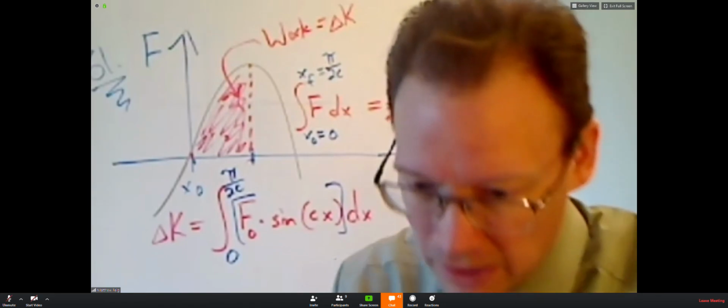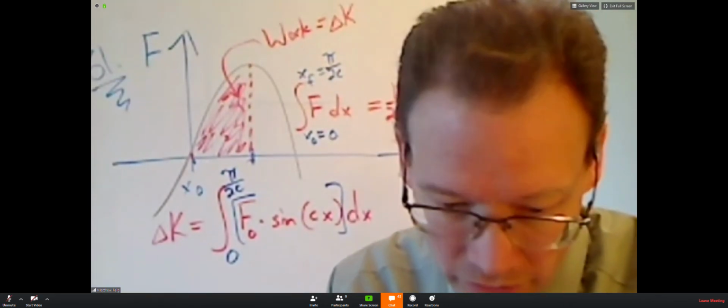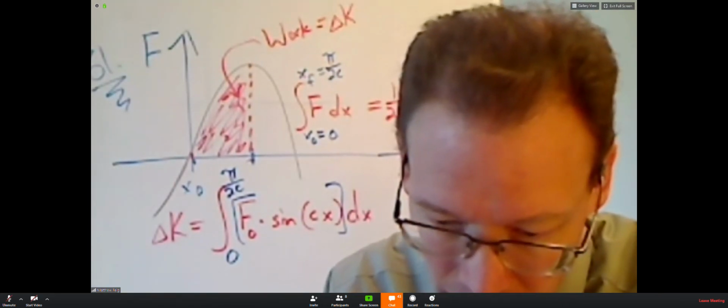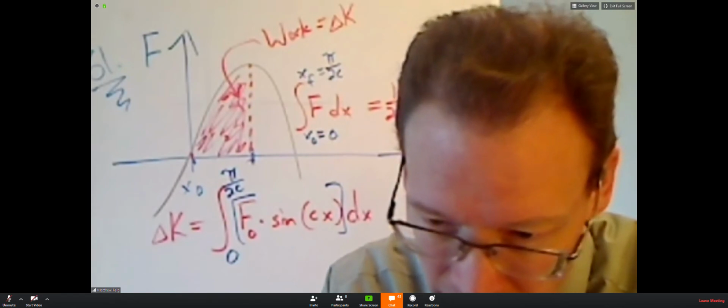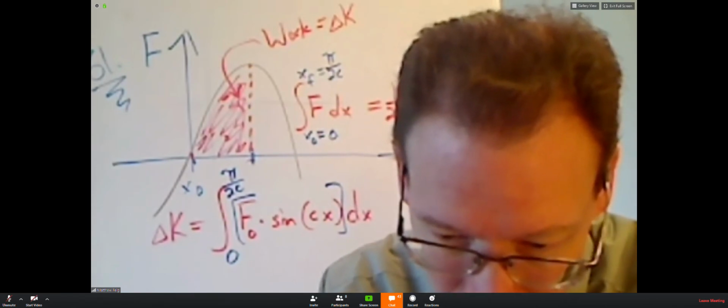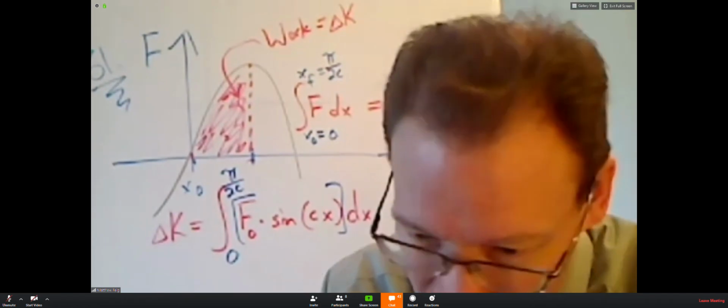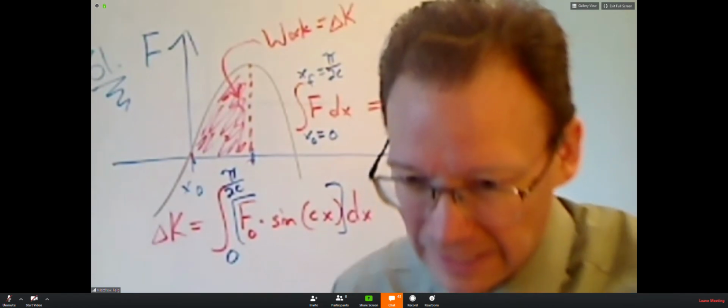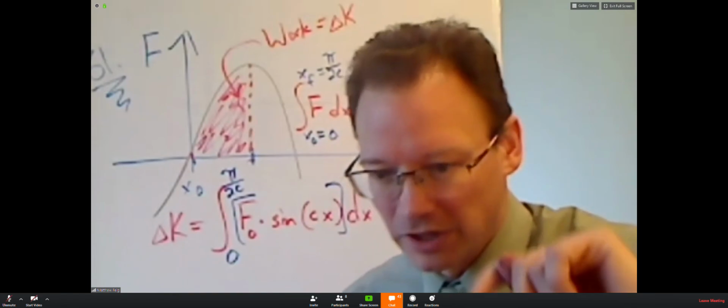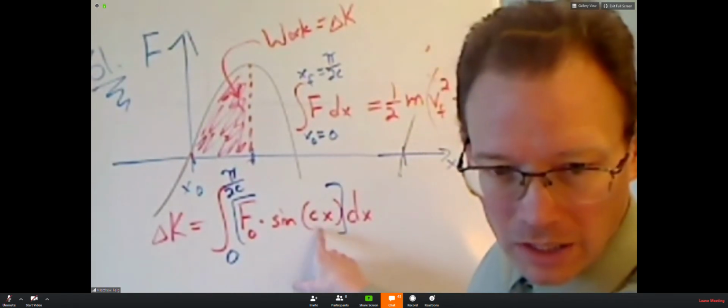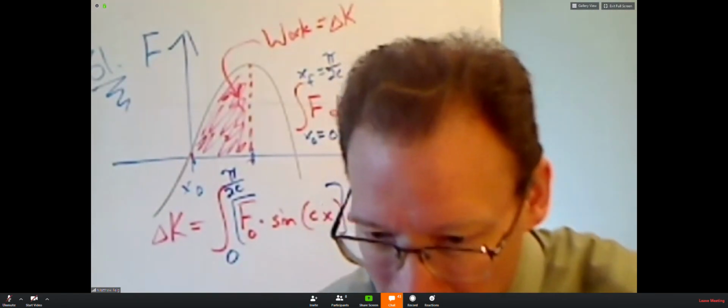And I think I would get a negative cosine. So I'd get negative F times cosine of cx. But what else do I have to do? I have to divide by the coefficient of x inside of the sine function. So I need to divide by c.